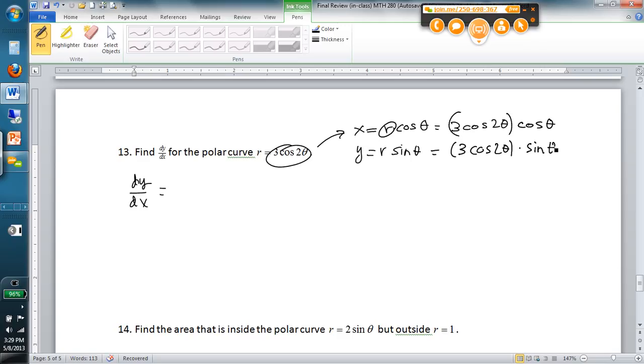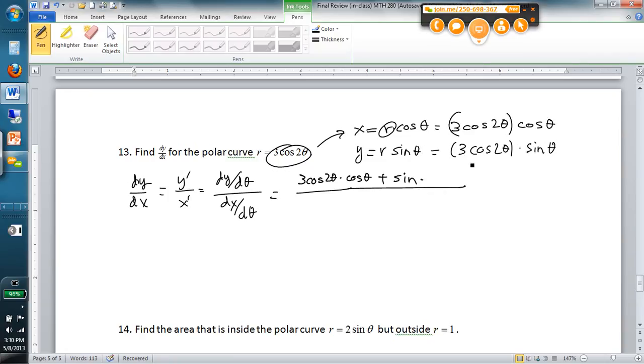That's how I can get dy/dx, because now I just do y prime over x prime, basically dy/d theta over dx/d theta. And that's just going to be some product rule. dy/d theta would be 3 cosine 2 theta times the derivative of sine, which is cosine, plus the sine times the derivative of 3 cosine 2 theta, which would be negative 3 sine of 2 theta times 2, chain rule.